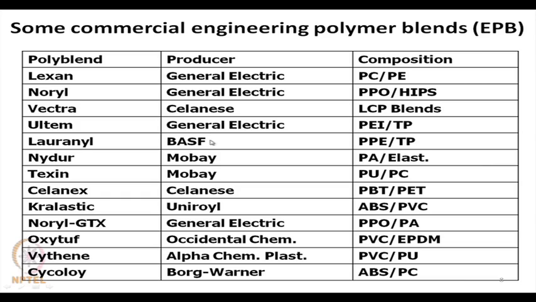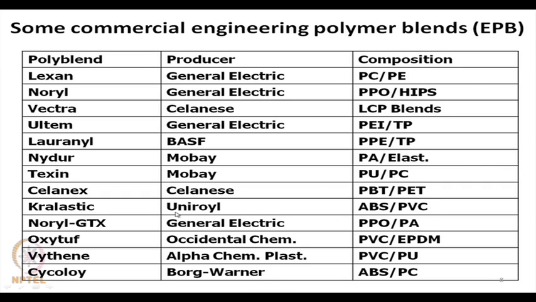Loranil, made by BASF Germany, is polyphenylene ether with a thermoplastic polymer. Nidur is polyamide with an elastomer. Texin, with Mobay as the manufacturer, is a polyurethane polycarbonate blend. Then Celanex, made by Celanese Corporation, is a blend of polybutylene terephthalate with polyethylene terephthalate.